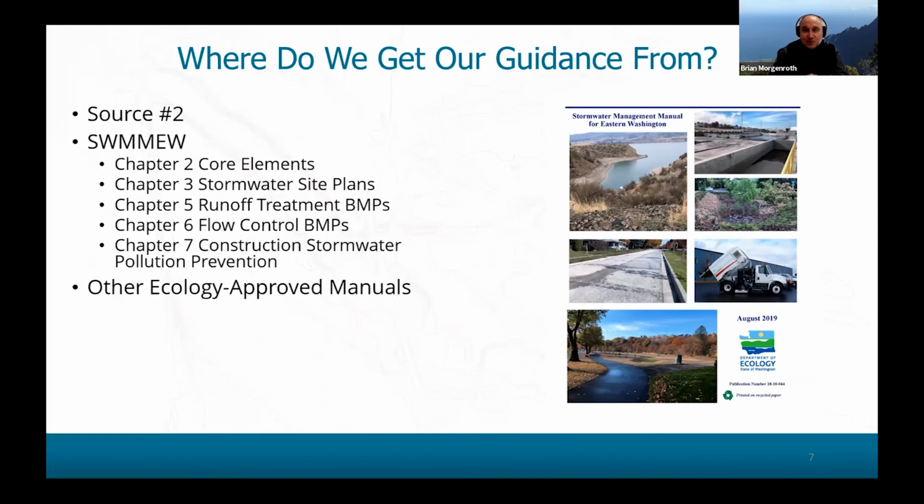So the obvious chapters that we've already talked about, but I'll point out here: Chapter 2, Core Elements; Chapter 3, Stormwater Site Plans; Chapter 5, Runoff Treatment BMPs; Chapter 6, Flow Control BMPs; and of course, Chapter 7, Construction Stormwater Pollution Prevention BMPs. So it's a heavy lift, but this is where we become the subject matter experts on what our proponents bring in.